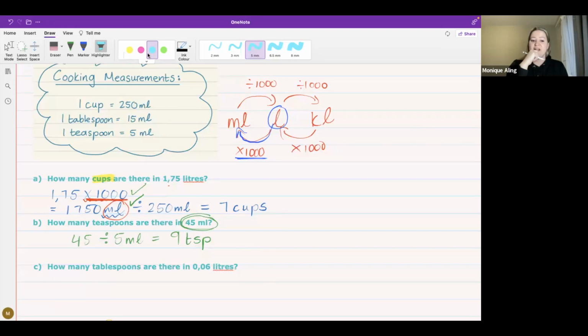Okay, so we're looking at the question. 2 key things we need to take note of is tablespoons. They're asking for how many tablespoons are there in 0.06 liters. So what's the first thing we need to do?